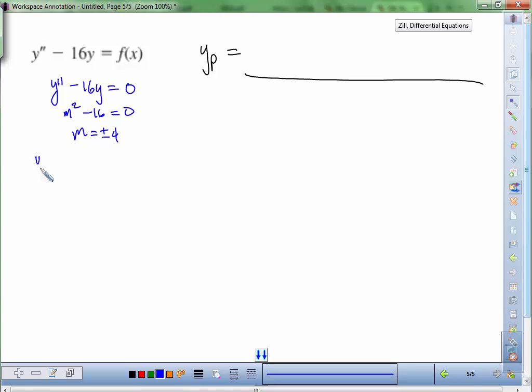So our y1 is equal to e to the negative 4x, and y2 is equal to e to the positive 4x. Okay?